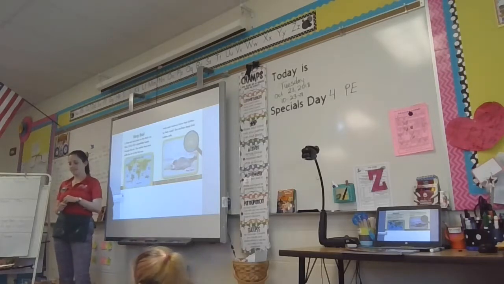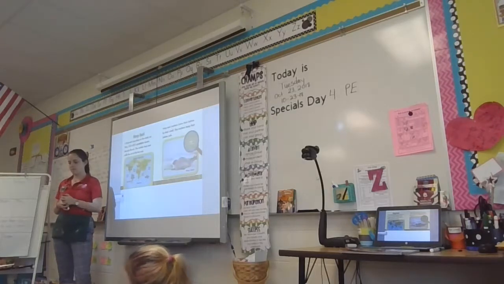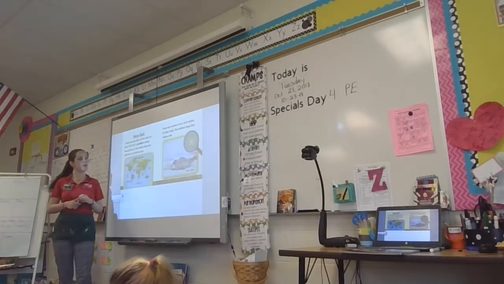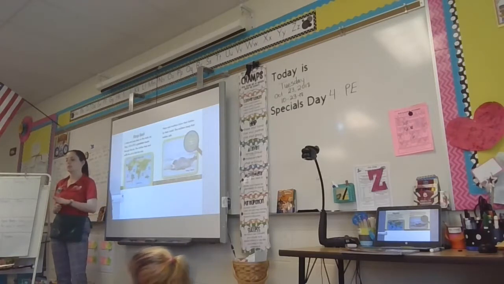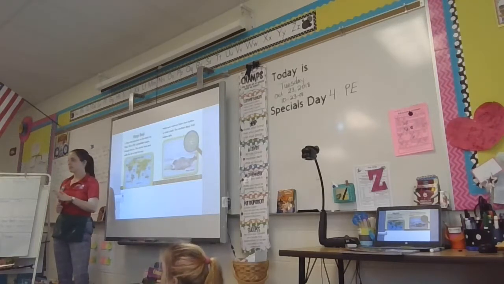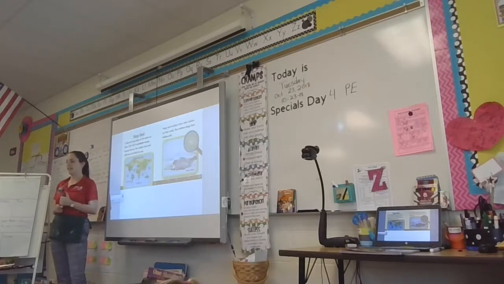Lizzie. So you can find the animals and keep them safe. Okay, so how do text features help us when we're reading a book? You can look at the pictures. What do the text features tell us, Kaden?